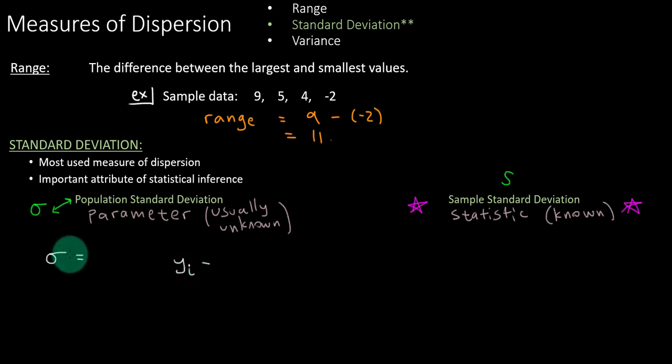But because this applies to a population, this will be the population mean. If we were to add up all of those deviations, you might remember that this would always add to 0. So we sort of get away from that. We take the squared deviations.